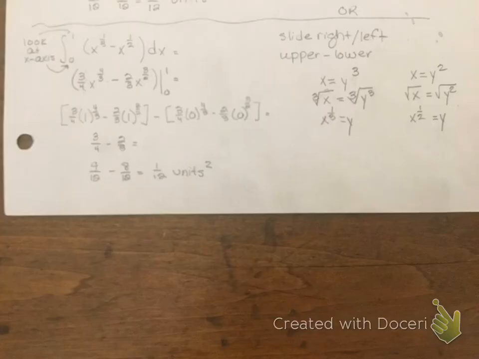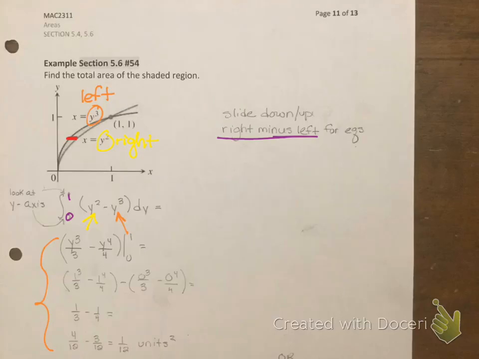But what would have happened if you had said, hey, I am going to set this up using a vertical representative rectangle? All right, let's go back. Erase, erase, erase. All right, so let's draw in a vertical representative rectangle. All right, slide right and left.